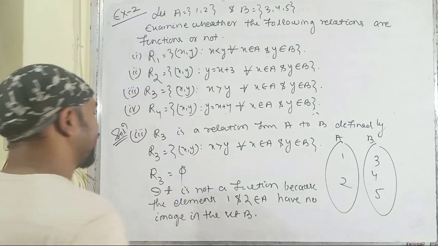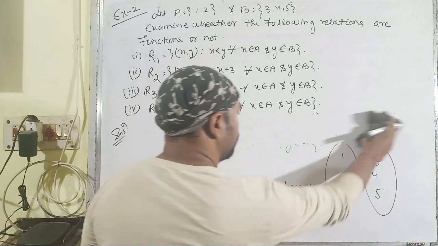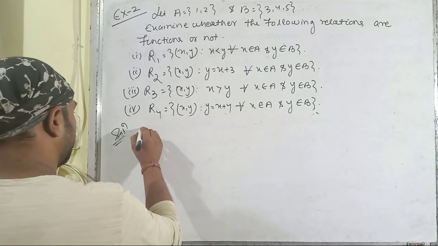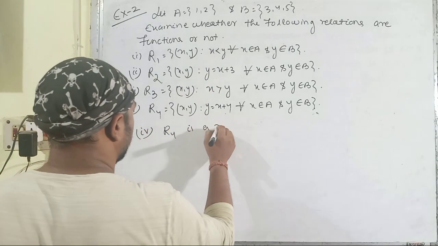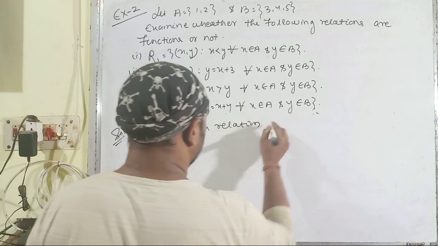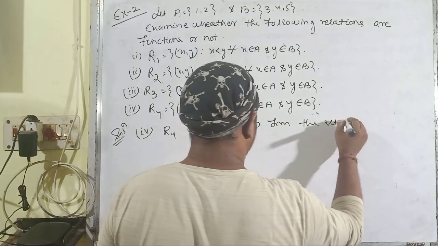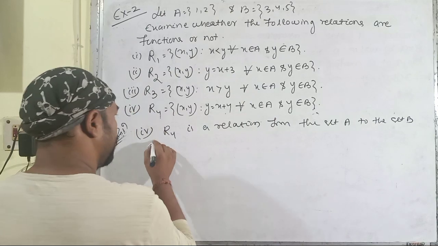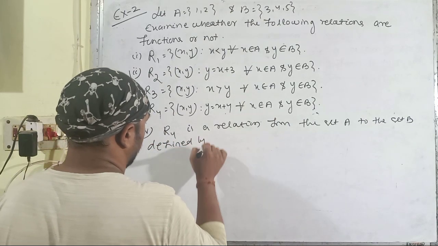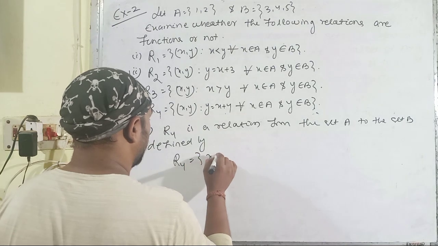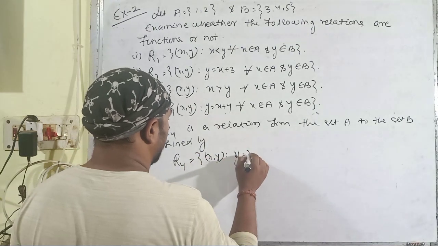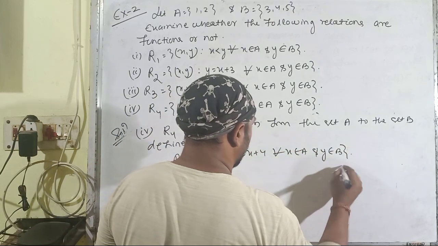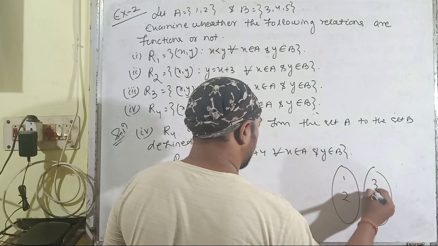Then moving on to the last part. R4 is a relation from the set A to the set B defined by R4 is equal to the ordered pair (x, y) such that y is equal to x plus 4, for x belongs to A and y belongs to B. 1, 2, 3, 4, 5.